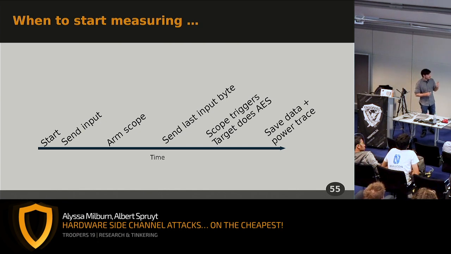First of all, the scope will see this byte coming around on the serial line, and it will start measuring. Additionally, because the target sees this last byte arriving, it will perform the AES. After that, we save all our data, we save the power trace, and we start again. And we acquire a lot of inputs.